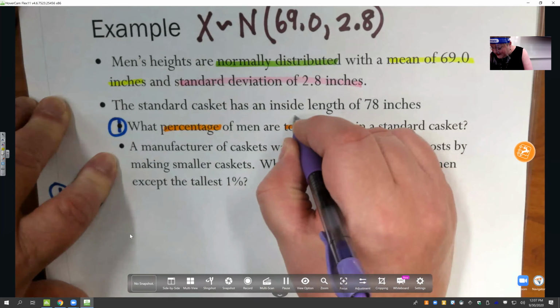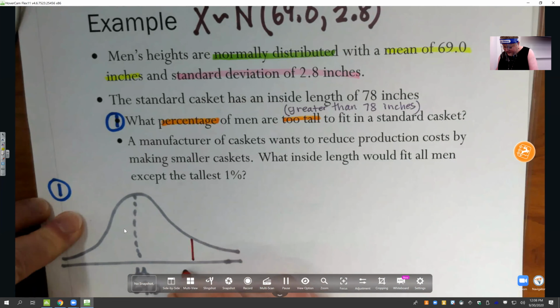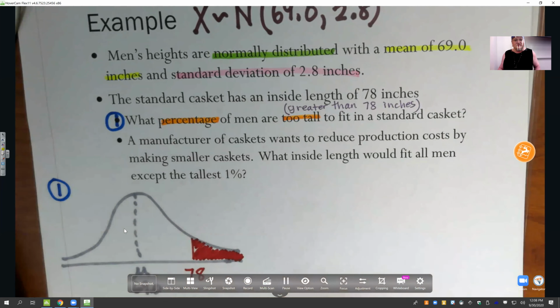So we have our horizontal axis, bell-shaped curve, mean in the middle, which is 69 inches. The casket is 78 inches, and we want to know if they're too tall or greater than 78 inches.